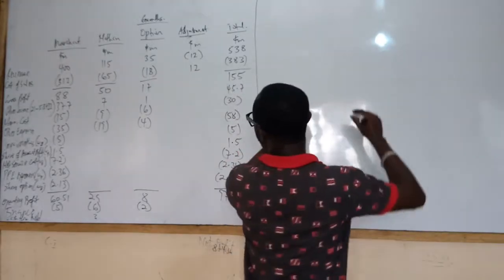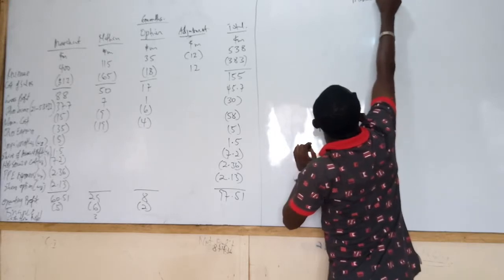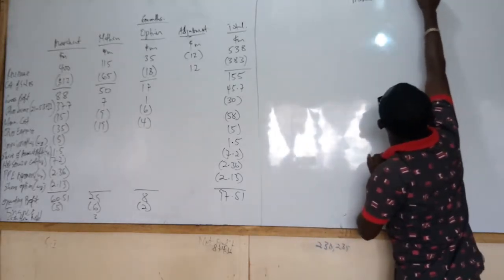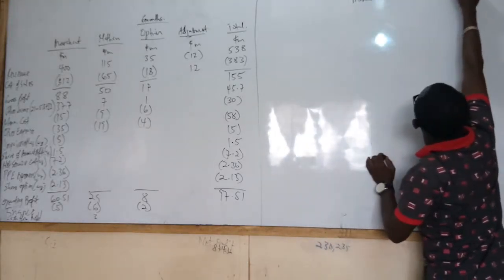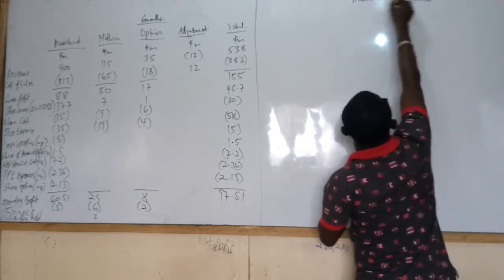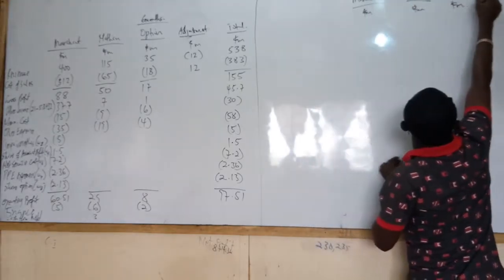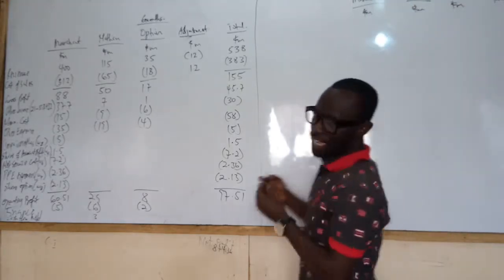So let me just rename. We follow the order: Merchant, Nathan, option, and total. What is the next item?